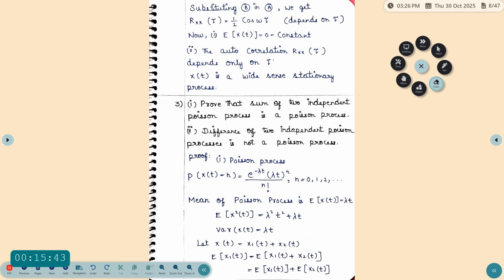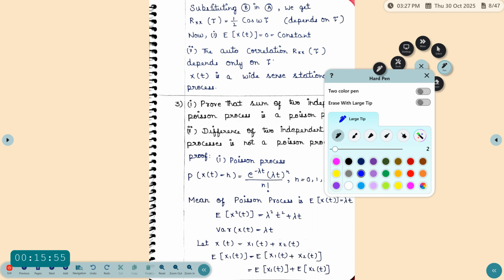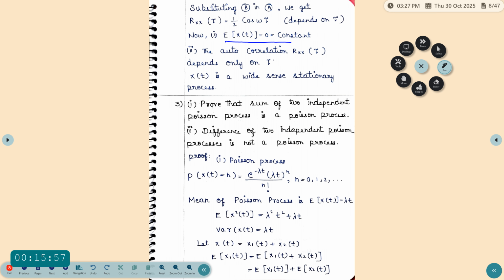So the two conditions to say WSS are: expectation of x of t equal to constant, and the autocorrelation function R double x of tau depends only on tau. Here the two conditions are satisfied. Here x of t is a wide sense stationary process.